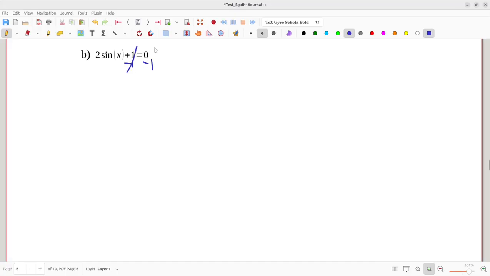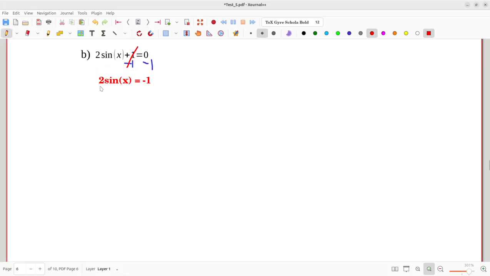And then 0 minus 1 is going to give you a -1. So you are going to get your 2 sine x is equal to -1. Then where do we go from here?